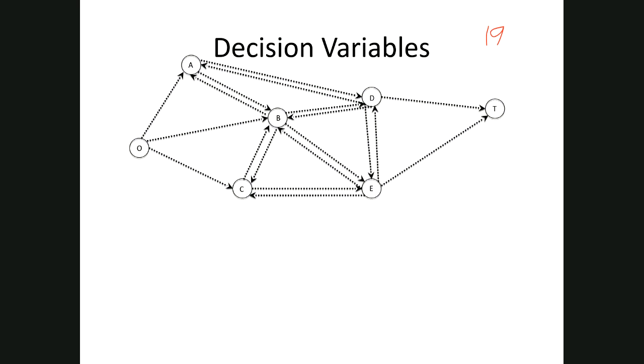I'm giving this definition for a reason. All right, and so in general, we're going to say x_IJ is the number of times that the path from I to J is used.